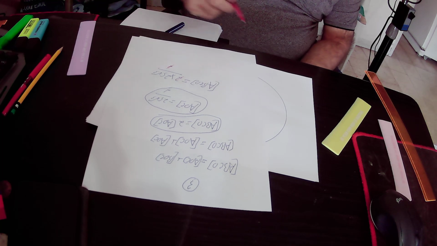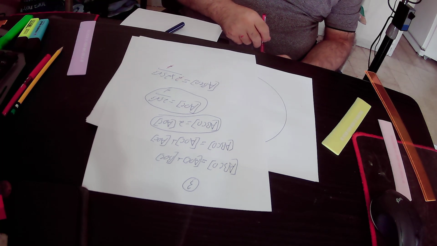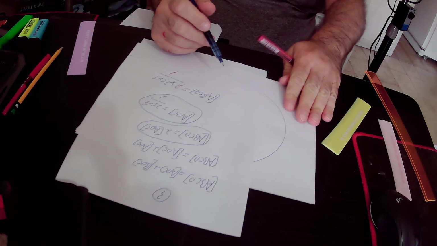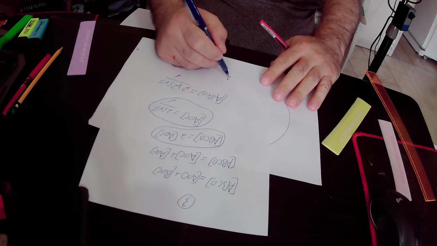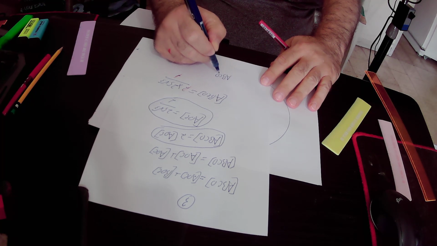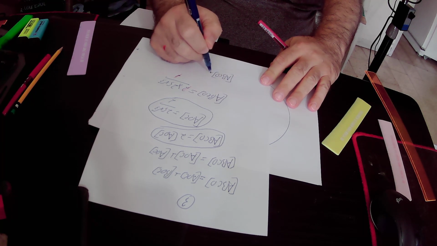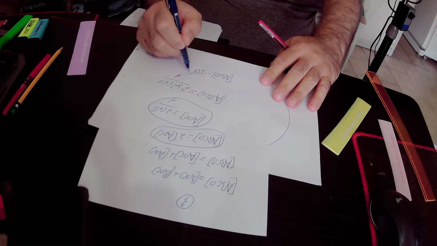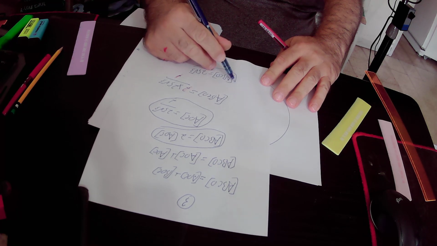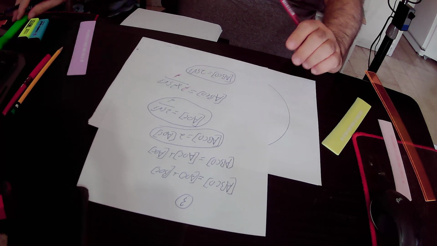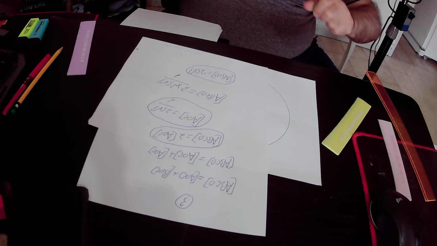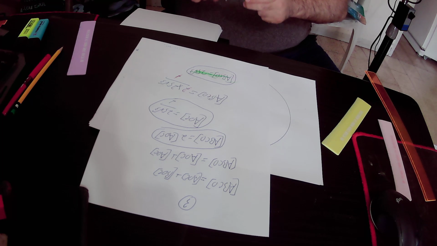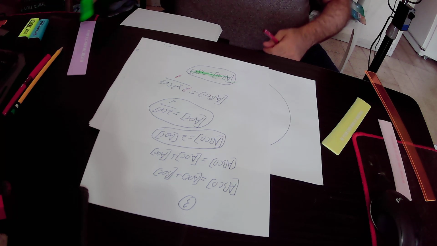Then we get that the area of quadrilateral ABCO equals 25 times root 3 square units.